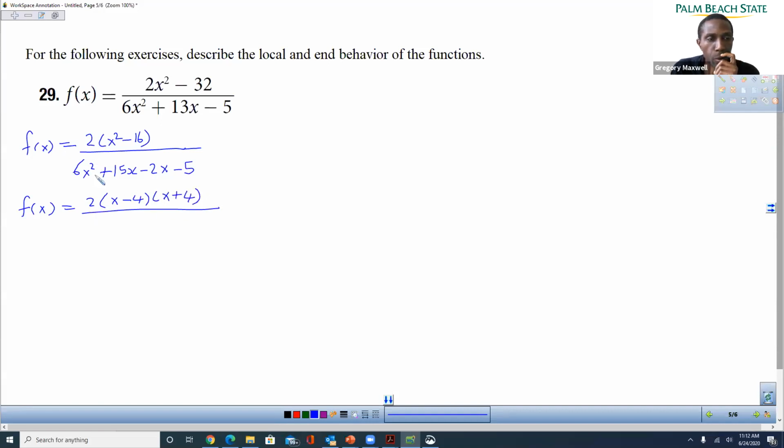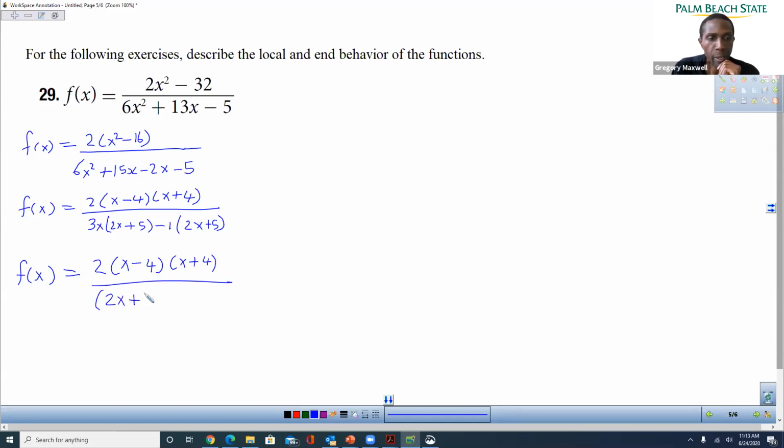And you factor out 3x from the first two terms, you get 3x times x plus 5 minus 1 times 2x plus 5. So that means f of x is equal to 2 times x minus 4 times x plus 4 over 2x plus 5 times 3x minus 1.